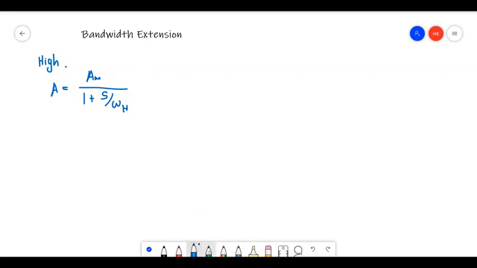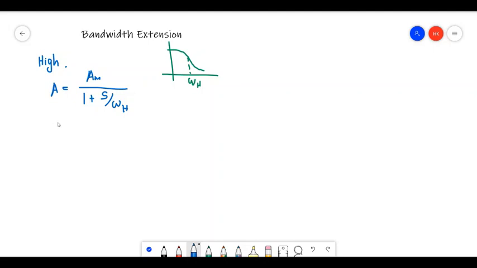If we draw a graph, it will look like this, where omega H is the upper cutoff frequency and Am is the mid band gain. So let's see how this will change when we add negative feedback.